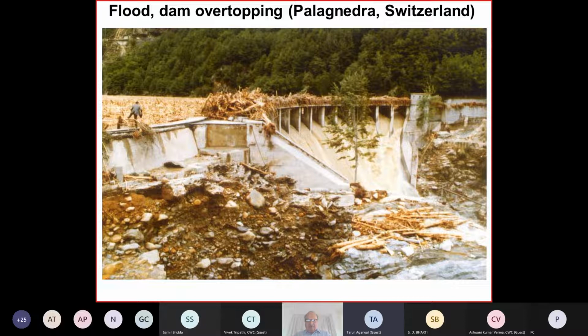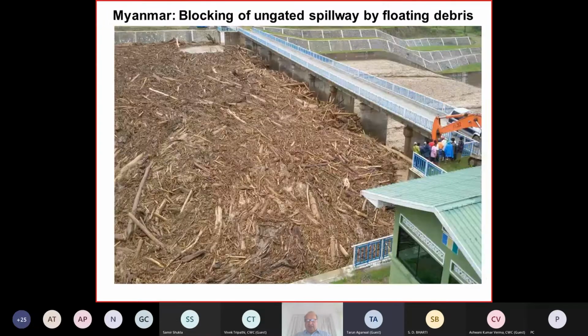Basically all spillways had to be reviewed in Switzerland, and they have been upgraded within a period of about 20 years. It is not just done from one year to the other. Usually it takes quite some time.